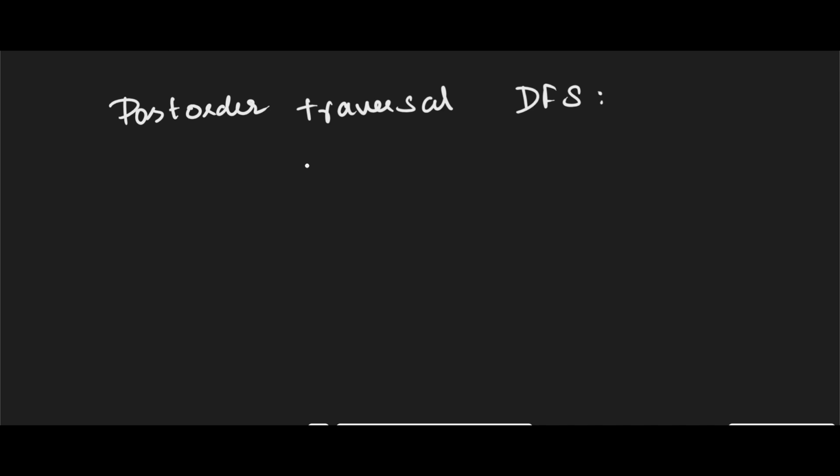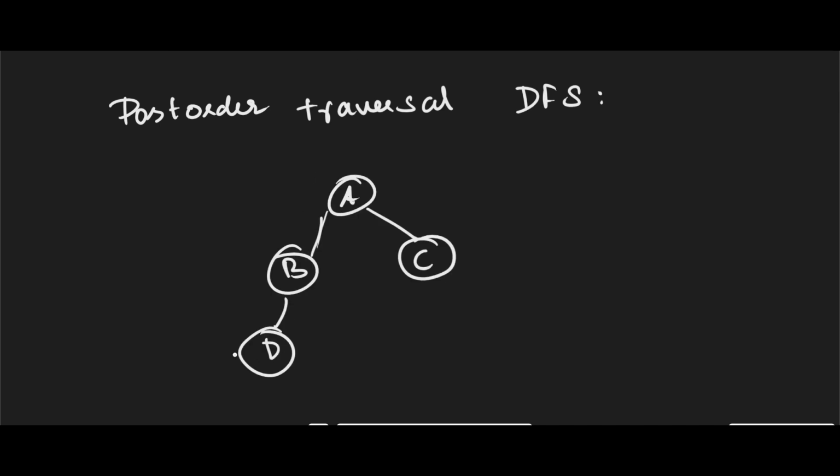So what is post-order DFS traversal? We cannot know the height of a node until we know the height of its left and right children. So we always go from bottom to top. If we use post-order traversal, we visit every node of the tree in this exact order: left subtree, right subtree and the root node.